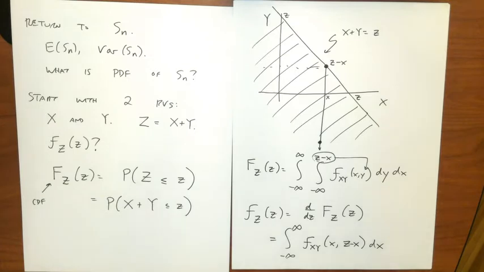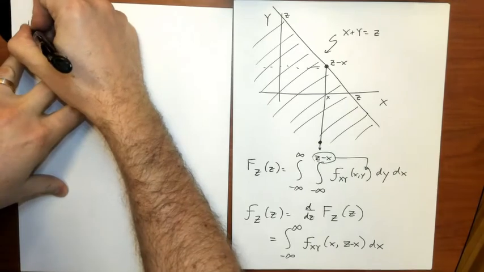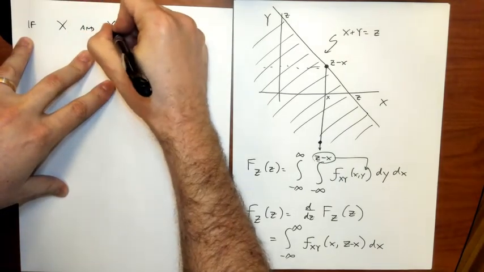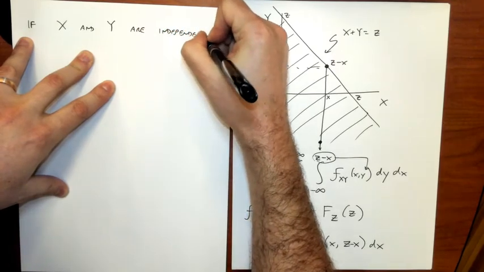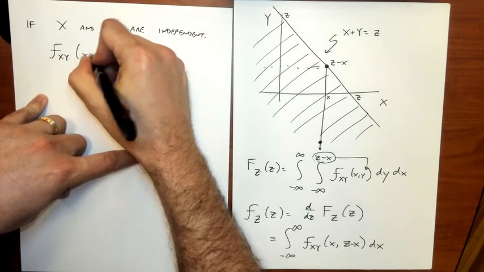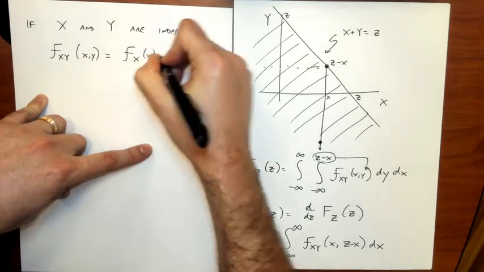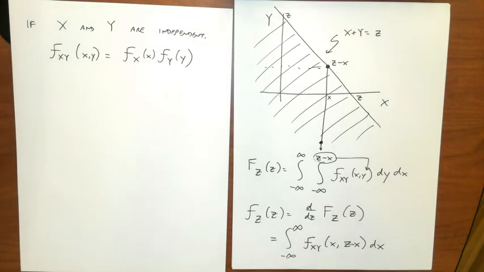So far, these are just arbitrary random variables, but now here's the clincher. What if x and y are independent? If x and y are independent, and I take the sum of these things, that means the joint PDF decouples into the product of the marginal PDFs, right?